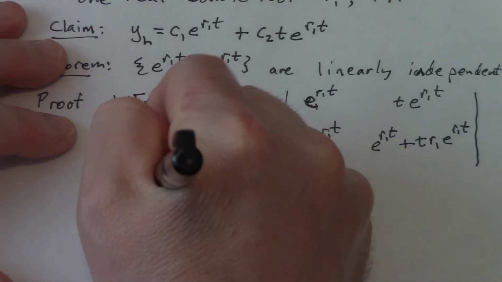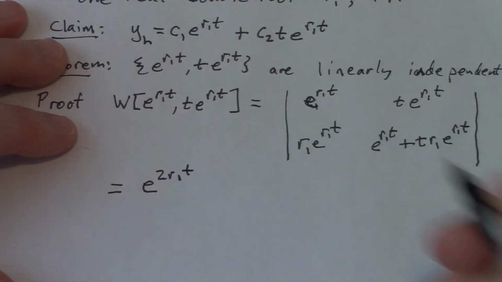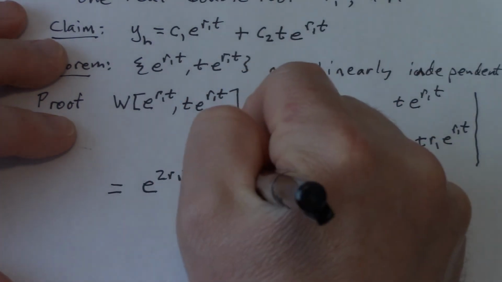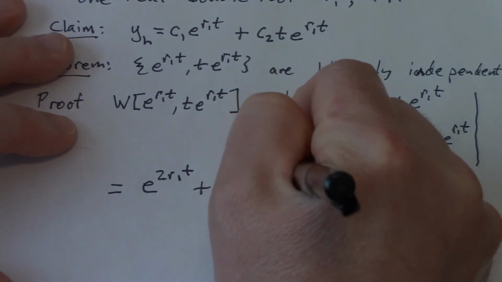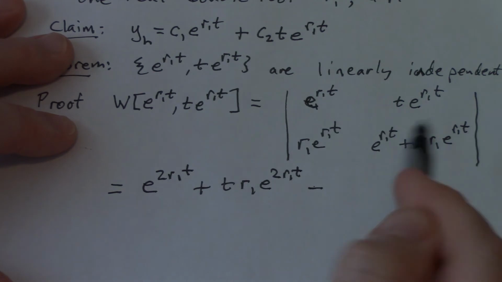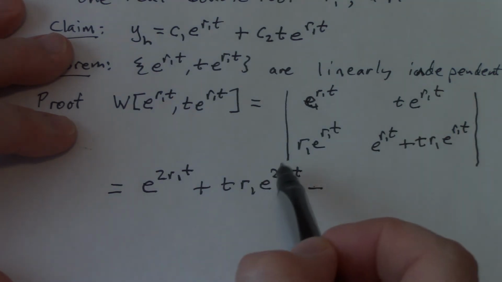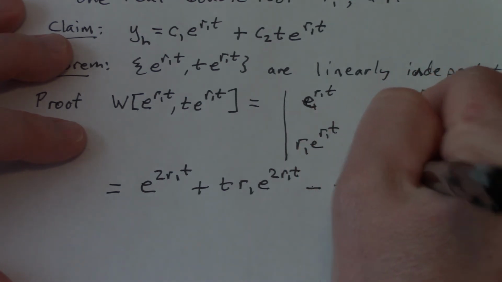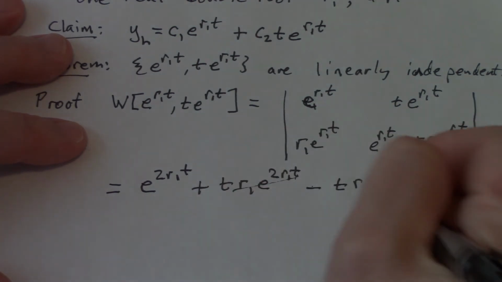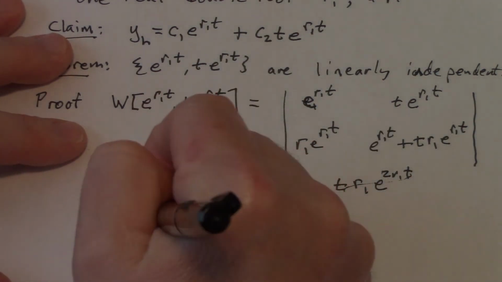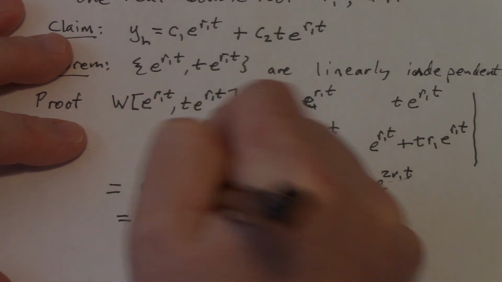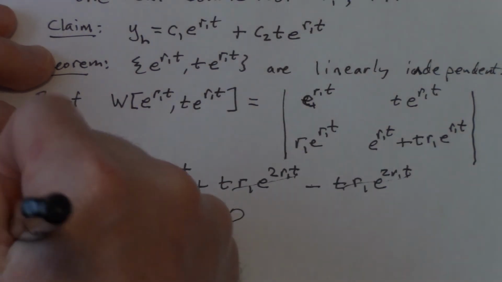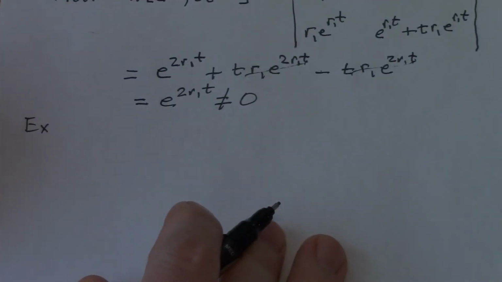So this is going to be e to the 2 R1t, that's that times that, plus t R1 e to the 2 R1t, so that's that guy times that, and then we do this, so we're going to have minus t R1 e to the 2 R1t, and look at that, those two terms cancel, and we get e to the 2 R1t, which is an exponential function and can never be equal to 0. Yay.